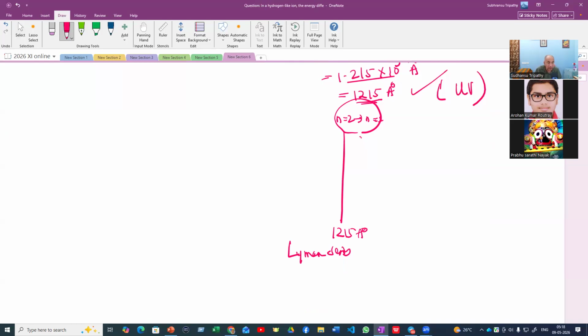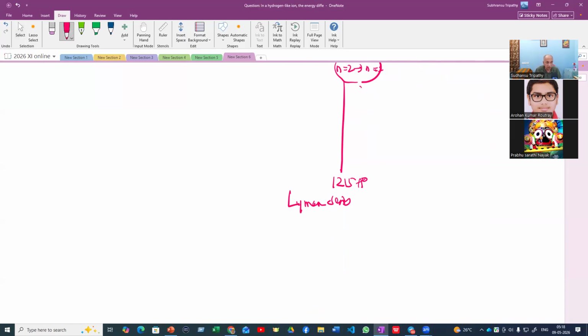And you will calculate the second line as a home task. I am giving this in telegraphic language for the hydrogen atom, in the proper emission manner: n is equal to 3 to n is equal to 1.